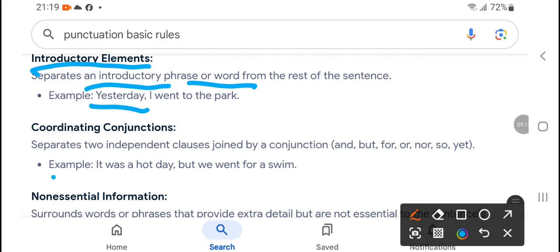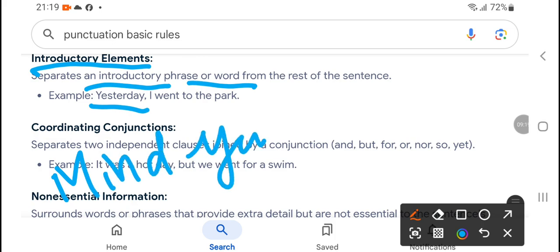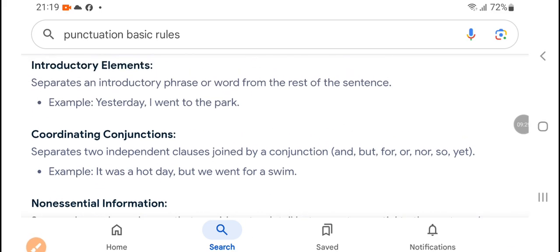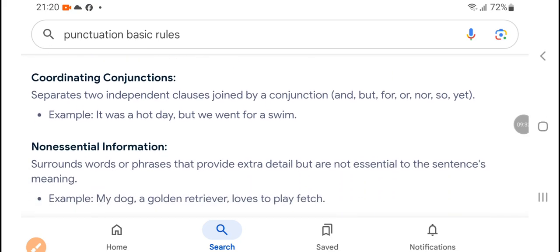Or if I say, "Mind you, I have not written this way." This way, when we use a comma, we separate introductory elements.